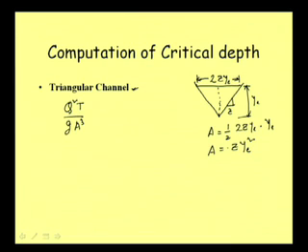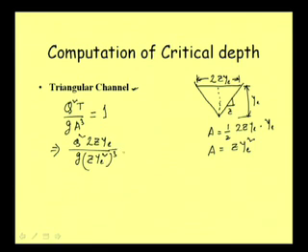So area we can write like that, and that will lead us to q square, then top width equal to twice z into y c, and then g, and area z y c square whole cube.